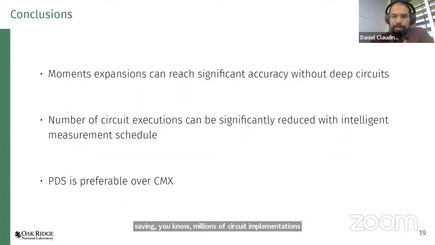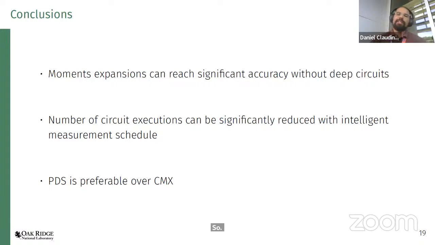So to wrap things up for this part of the talk, one of the conclusions is that we can reach a very significant degree of accuracy without deep circuits. Sometimes you have to pay the price by doing more measurements.